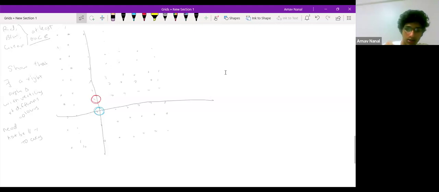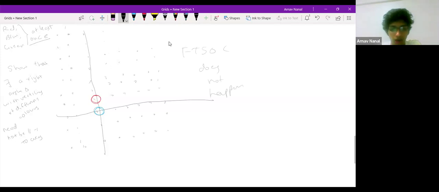Okay, so now clearly this chart is the same thing. You assume with FTSOC that this does not happen, and try to figure out where the green point can lie and where it can't lie.